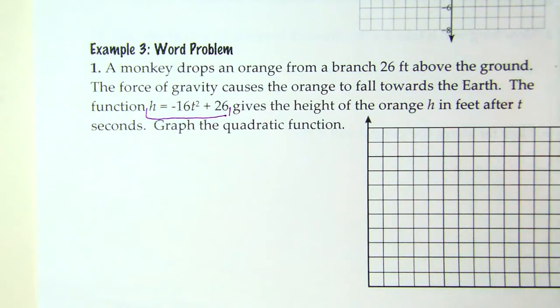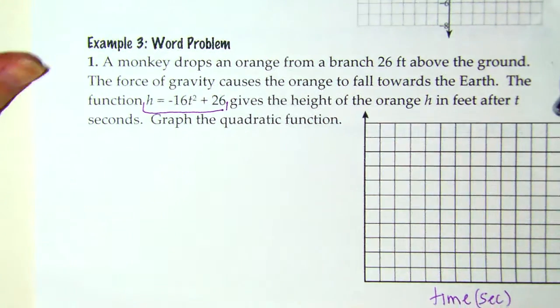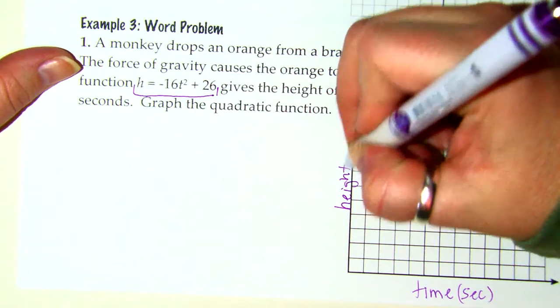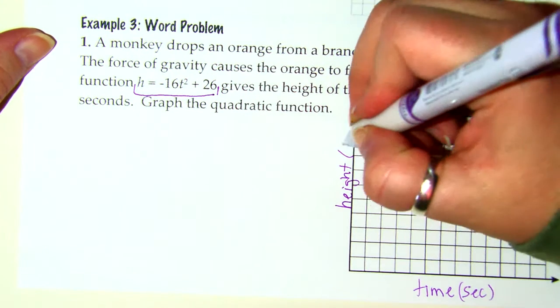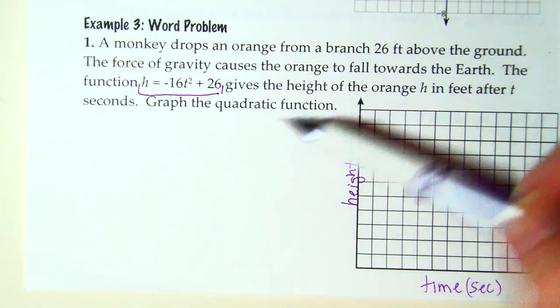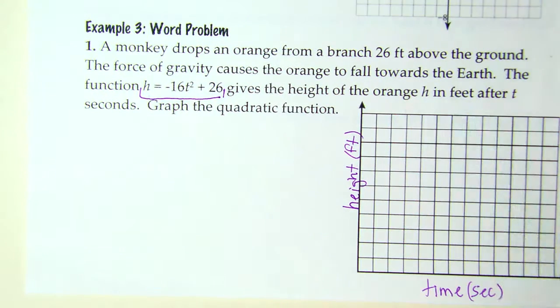So make sure when you're doing a word problem, you label the time on the x-axis, and the height is always on the y, and that's in feet. So basically, it just wants us to do what we were just doing. It just gave us a situation about it. So we're going to do exactly what we did with this equation. So you can pretty much ignore all the words if you want to.